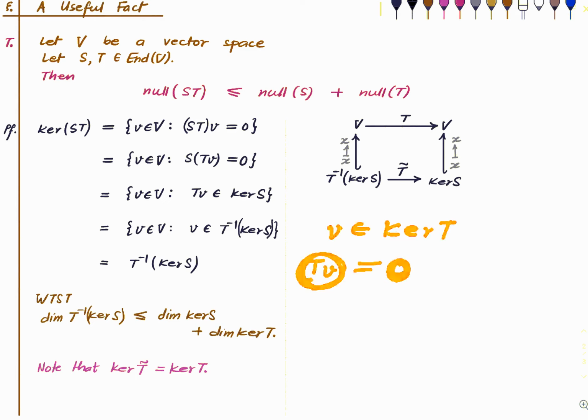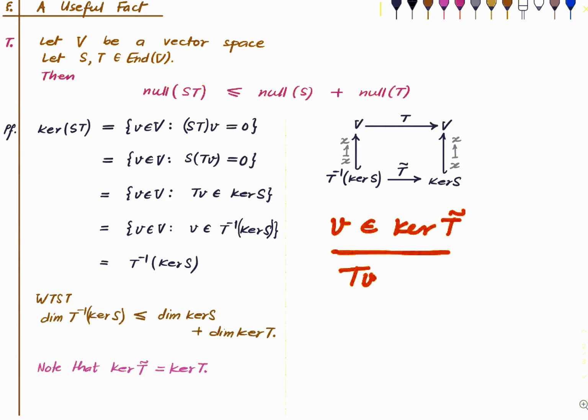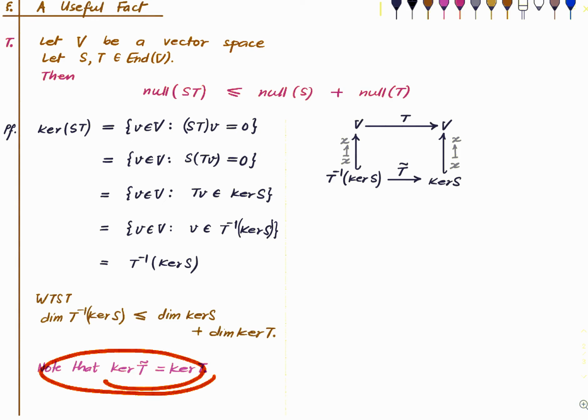So that direction is trivial. And now if V is in the kernel of T tilde, then T of V is 0 and hence V is in the kernel of T. Maybe I garbled my speech a little bit there, but this is very simple to verify.